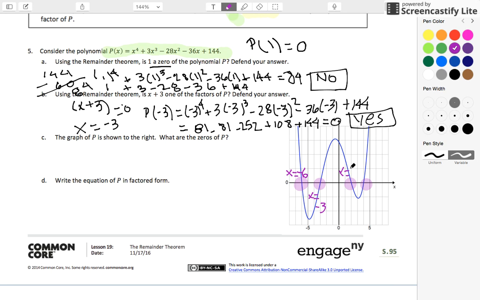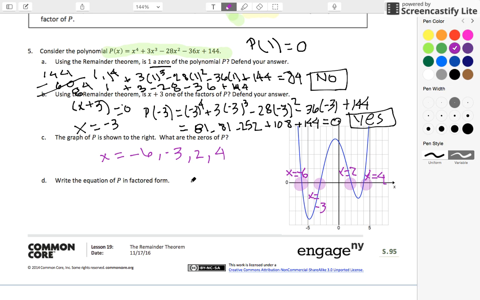And then 1, 2, 3, 4, x equals 4. Those are my zeros. So our zeros are -6, -3, 2, and 4.